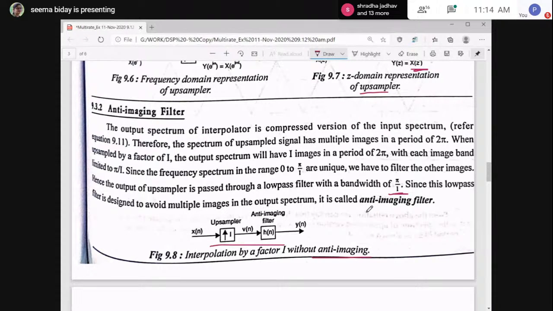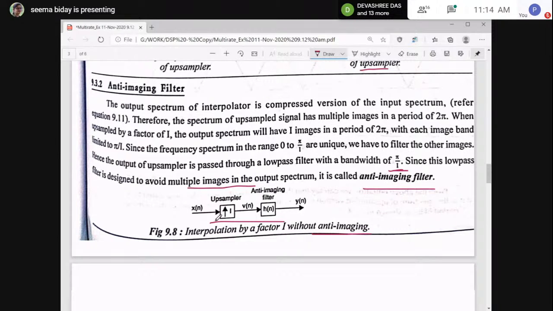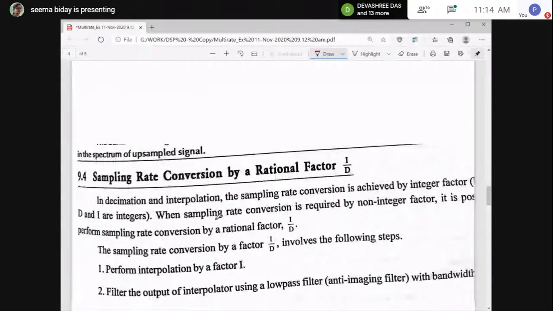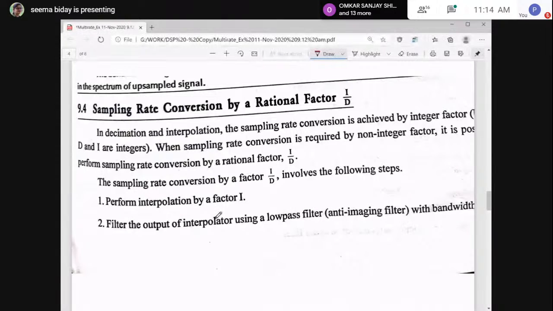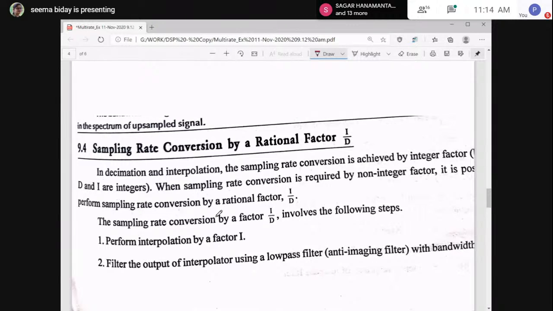Now this is the function of the anti-imaging filter, to avoid the multiple images in the output spectrum. Now let us see. Up till now we have seen the interpolator and decimator separately. But there are some cases, or most of the time, you will find that sampling rate conversion may be required by a fractional number, a rational number.